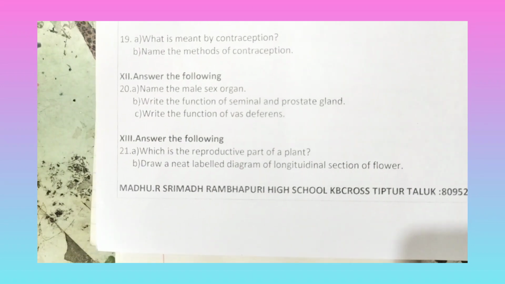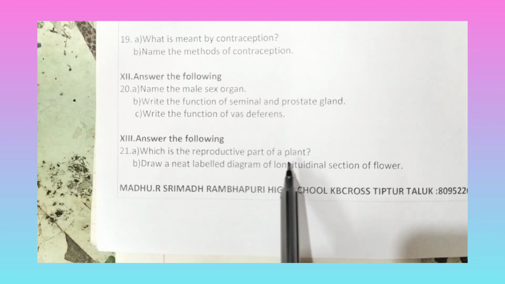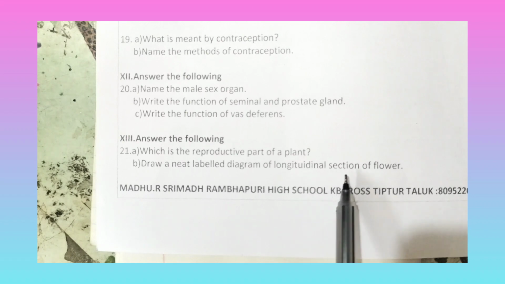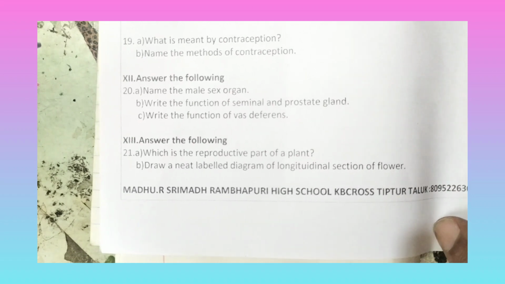Now let us move to the 21st. In this, which is the reproductive part of a plant? Then draw a neat diagram of longitudinal section of flower. That is a diagram question.